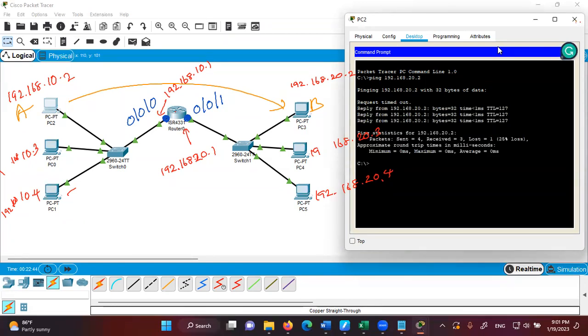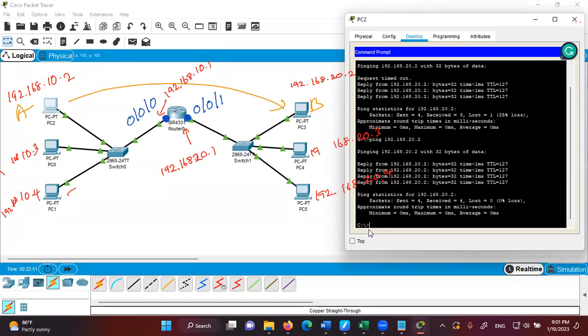Now it's replying, right? So that means now the connection is active. So the meaning is here. This computer now can communicate with this computer even it is belong to a separate network, different network.